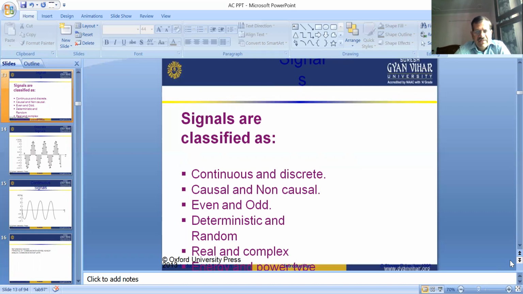So these are the different signals generally used in communication or transmission systems: continuous, discrete, causal, non-causal, even, odd, deterministic, random, real and complex signals.